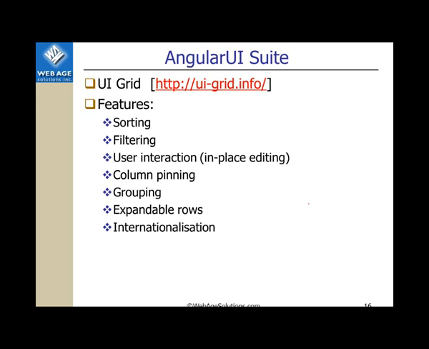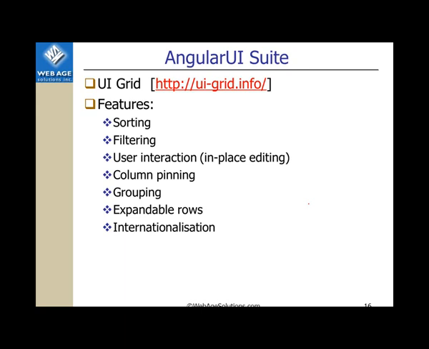So features of UI Grid are as follows. It's not an exhaustive list, but probably the more important ones. You can perform sorting of rows in a grid, in a table. You can perform filtering, in-place editing.